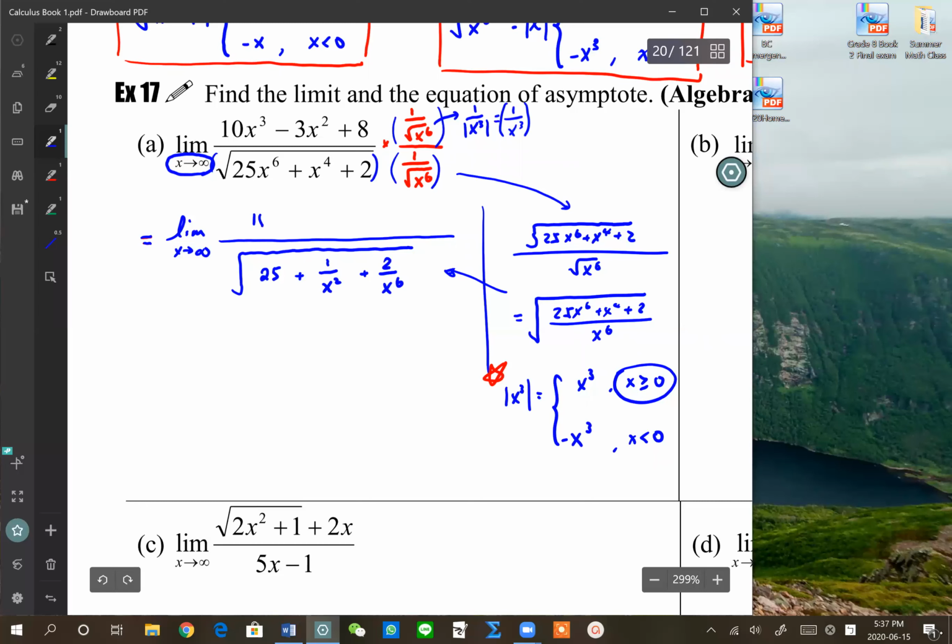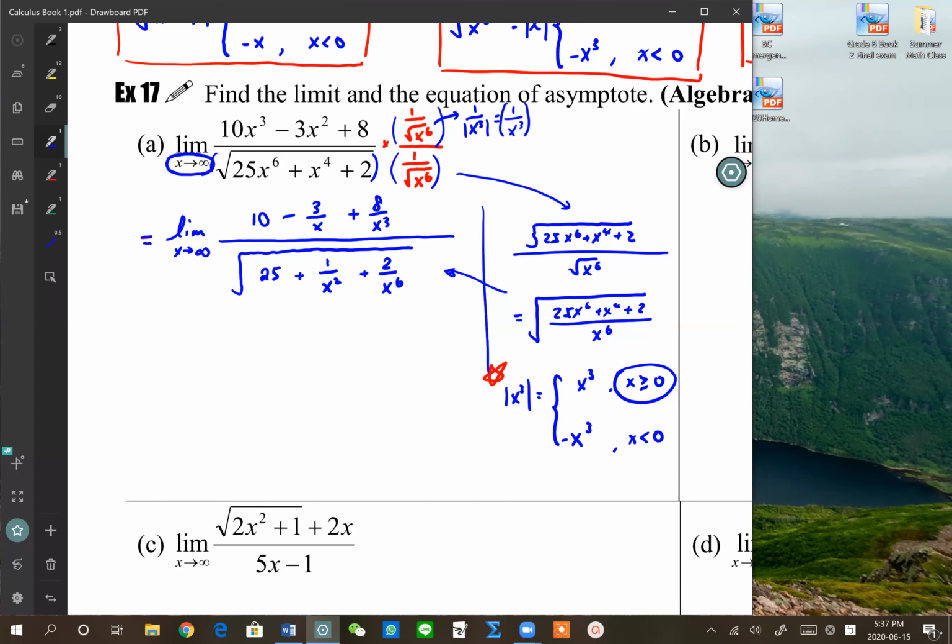So it'll be 10 minus, what will be the next term? Carrie? 3 over x. Yep, very good. Joan, what about the next one? 8 over x cubed. Very good.